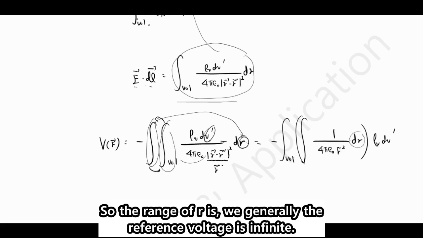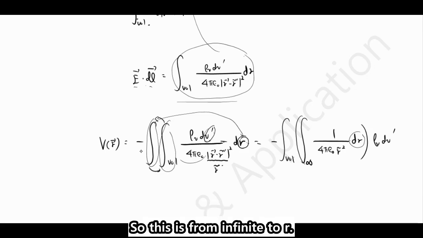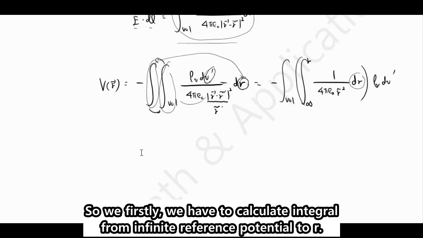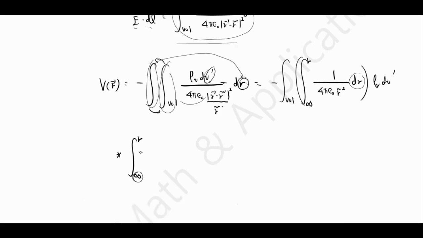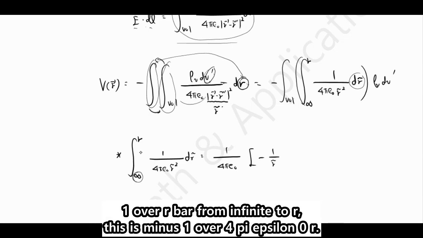The range of r: generally the reference potential is at infinity, so this is from infinity to r. Firstly we calculate the integral from the infinite reference potential to r of 1 over 4 pi epsilon 0 r bar squared dr bar, which is minus 1 over 4 pi epsilon 0 r bar, from infinity to r. This is minus 1 over 4 pi epsilon 0 r.